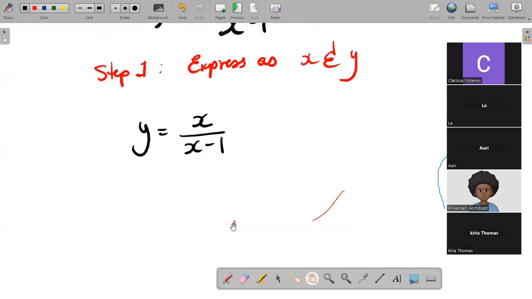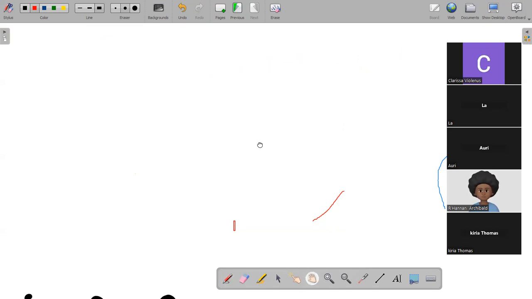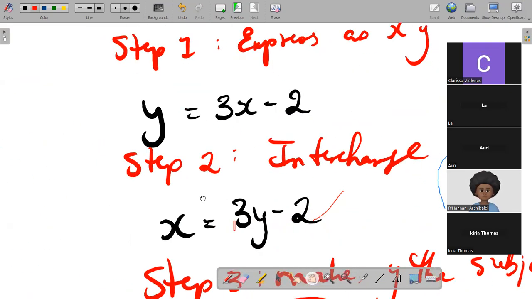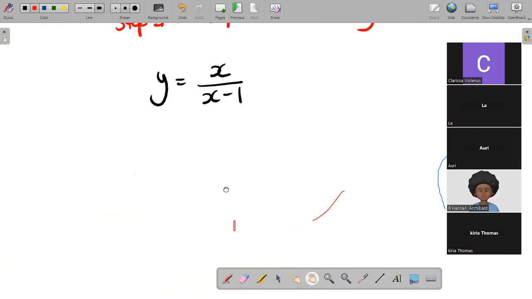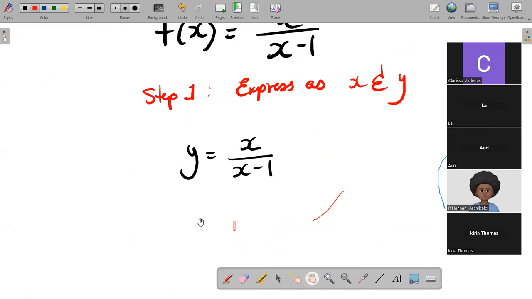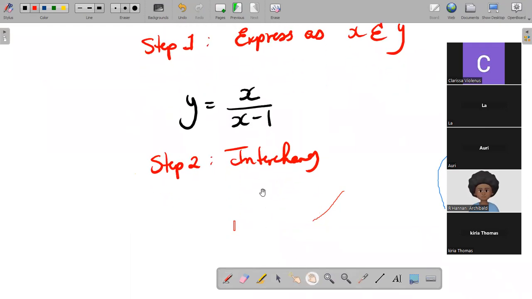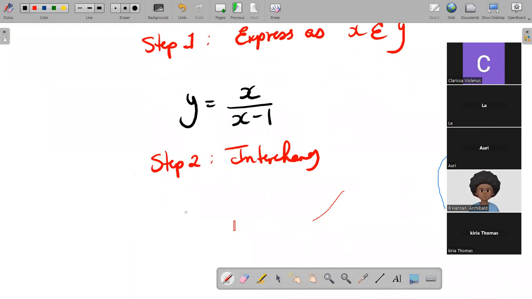We're going to continue. What's step 2? Anybody remember step 2 is the same step number 2. Step 2 is what? Interchange, right? So let's interchange. So we're going to end up with x is equal to y over y minus 1.